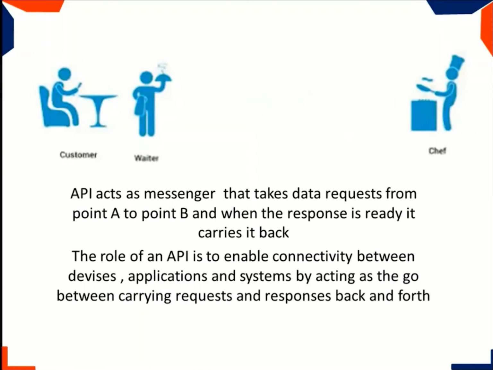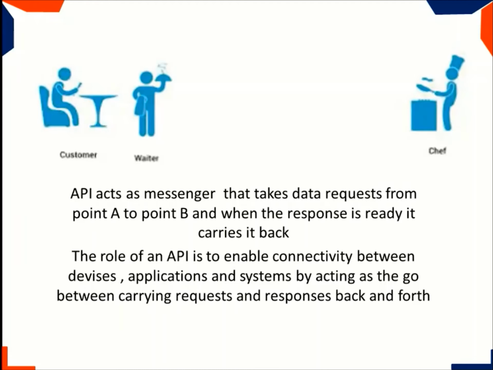What happens from you, the client, is that the waiter goes to the chef, who is the server or the other setup where you want to pull the data from. It might be one software to another software, one company to another company, or customer to client. When this connectivity happens, the entire experience becomes easier.